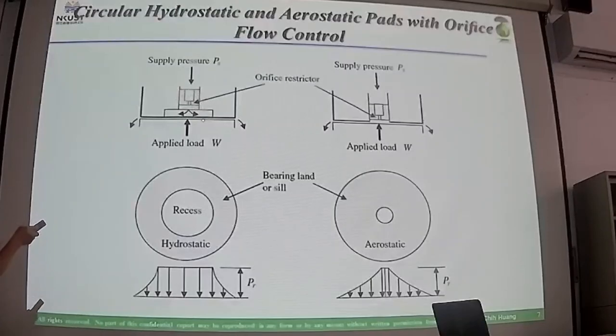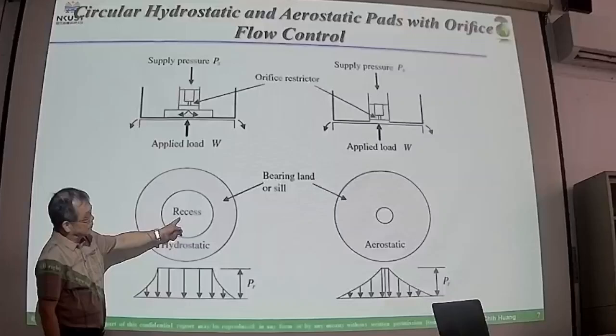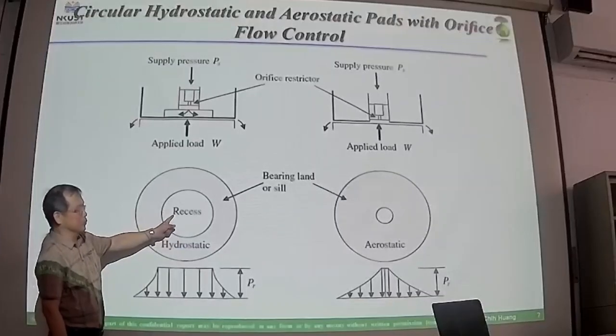Okay, so for the restrictor, the function is mainly to regulate or to adjust the pressure, to change the supply pressure PS into the recess pressure. So usually we call the recess pressure PR.